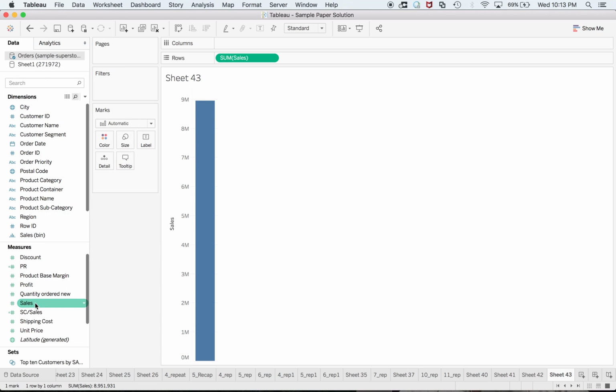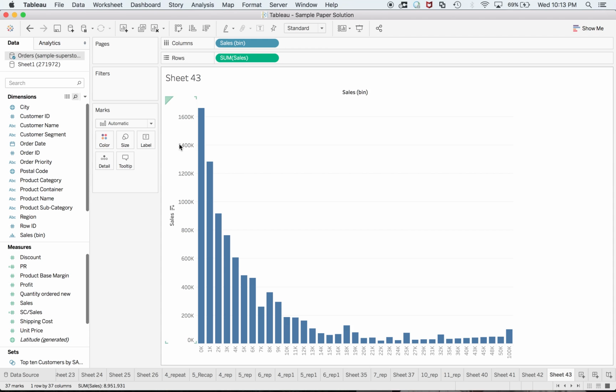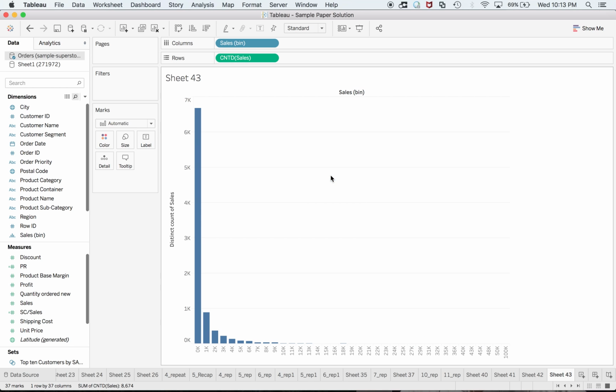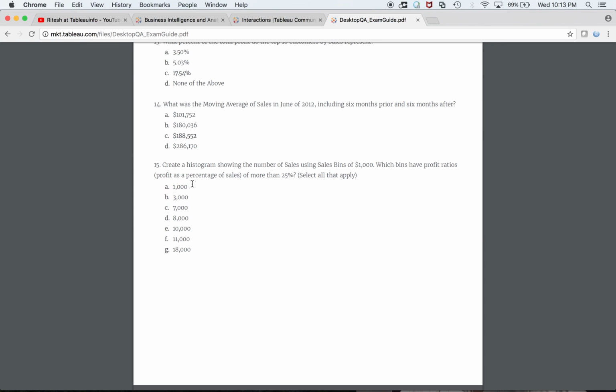Let me drag sales over there, and after that I'll do count. Fair enough. Now see the question: create a histogram showing the number of sales using sales bin. Which bins have a profit ratio of more than 25%?